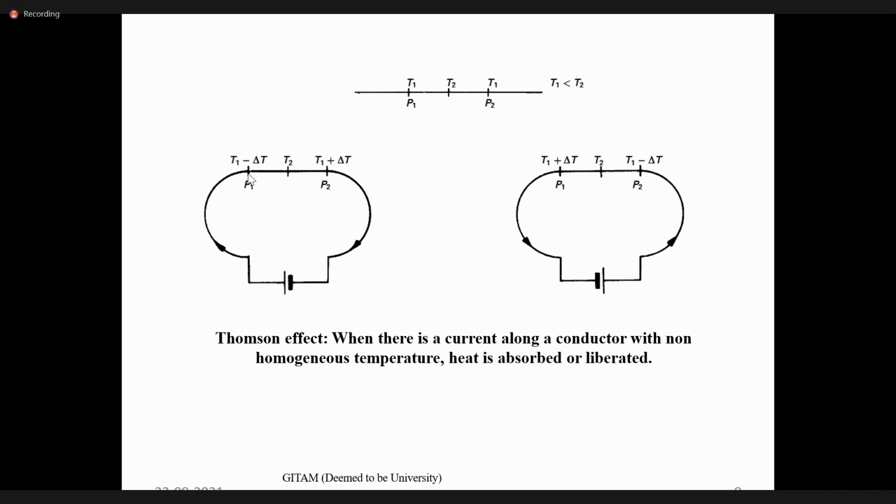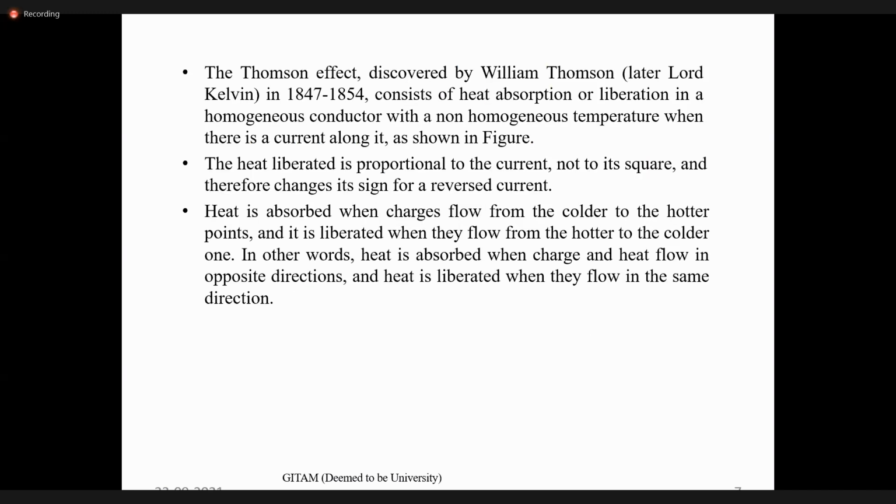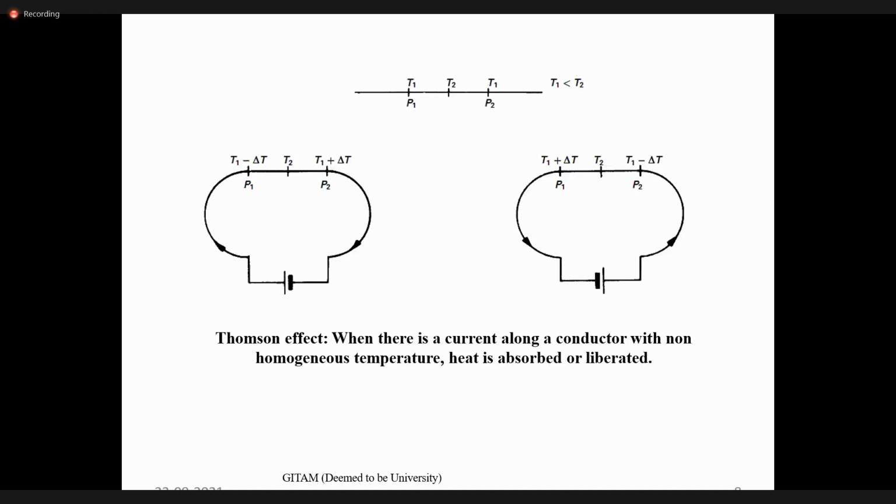Current is flowing from the colder point to the higher point. And it is liberated when they flow from the hotter to the colder one. In this figure, hotter to the colder one.